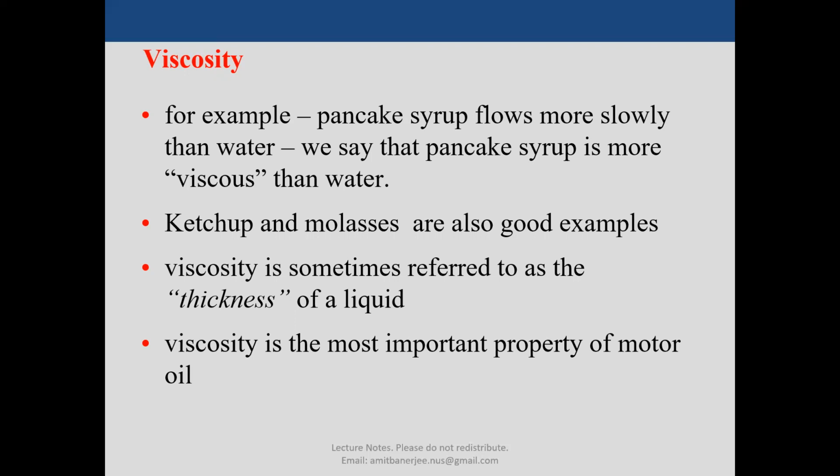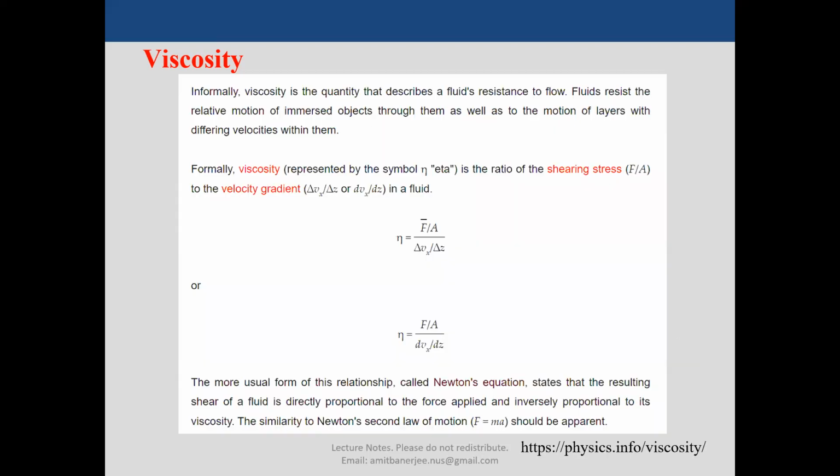Viscosity is an important property for motor oils. In terms of definition, viscosity is the quantity that describes a fluid's resistance to flow. Fluids resist the relative motion of immersed objects through them as well as the motion of the layers within them.